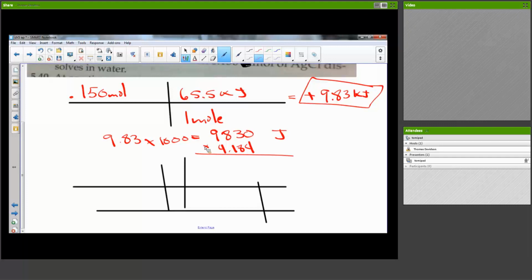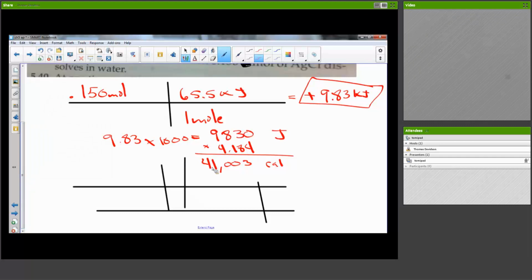Someone do that for me fast. If I remember, it's 41,003. Is this right? All right. So this is 41,003 calories of energy I have to put in to get this to dissolve.